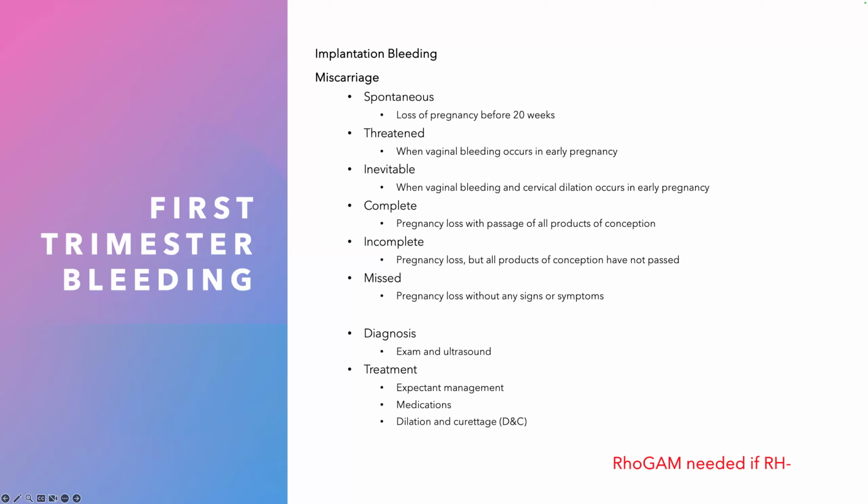Now, miscarriage. Like I said, we have multiple different types of miscarriage. I want to be really clear that before 20 weeks, the loss of a pregnancy, if it's not a termination, is considered a miscarriage. If it's after 20 weeks, it is considered a fetal demise.